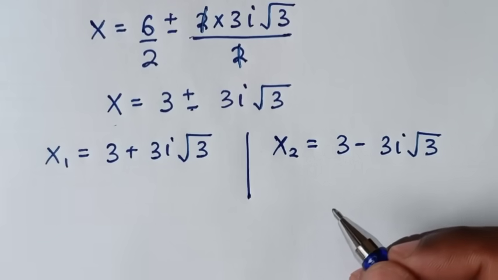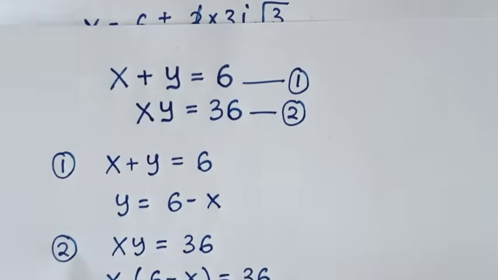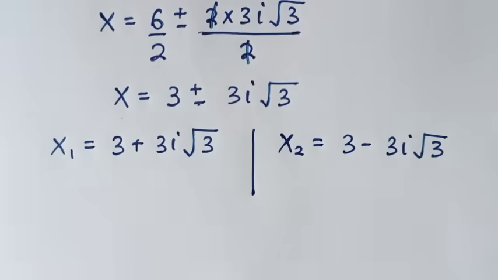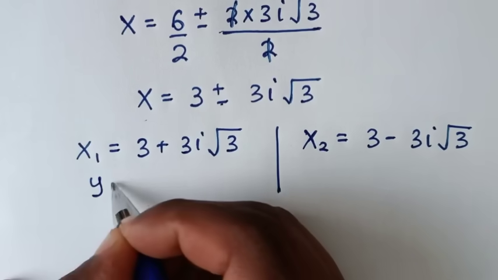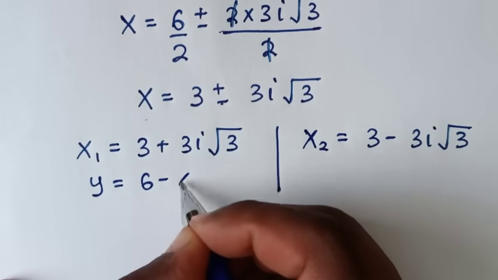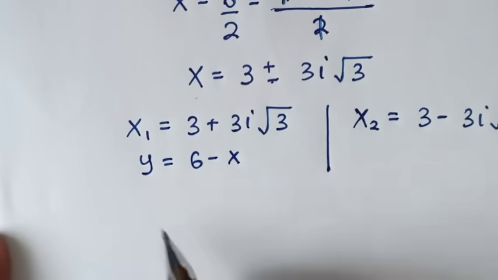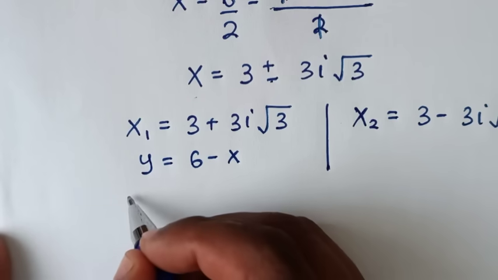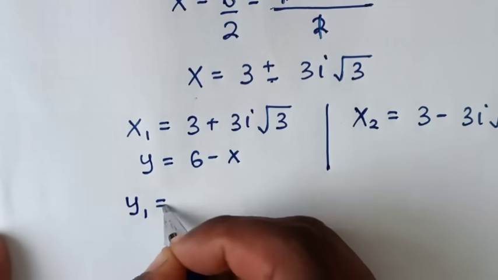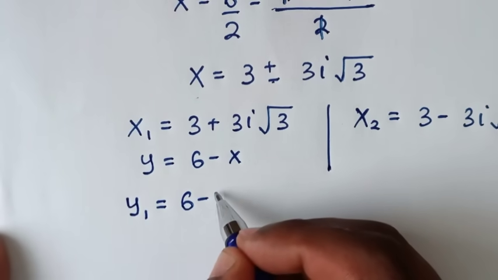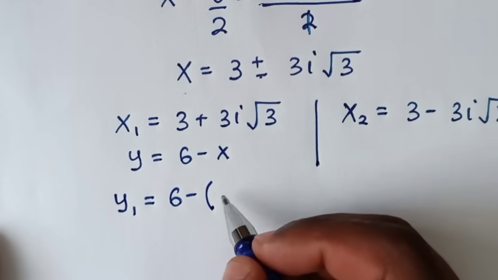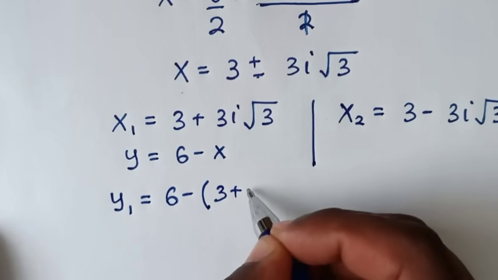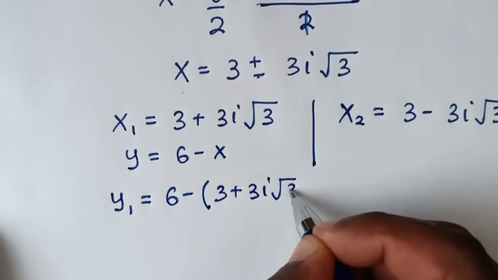Then to find the values of y, we recall before here we let y is 6 minus x. So from y is equal to 6 minus x, then into this first solution, to find y1, it will be equal to 6 minus x, so here it will be 3 plus 3i square root of 3.